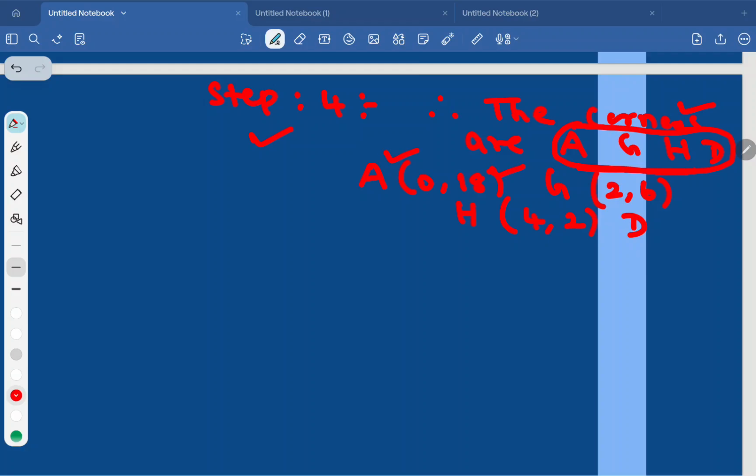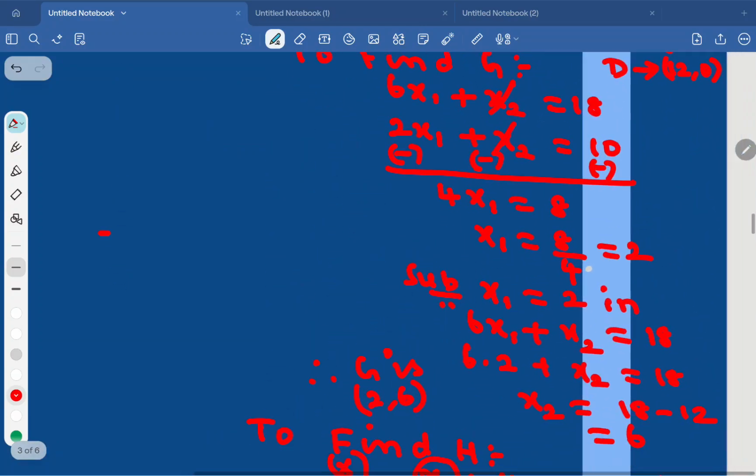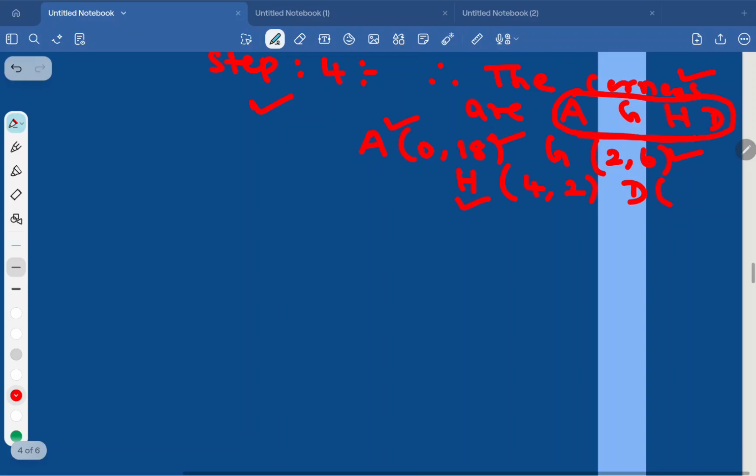A is (0, 18), G we just found is (2, 6), H is (4, 2), and D we already found as (12, 0). What is the Z value at A, G, H and D?